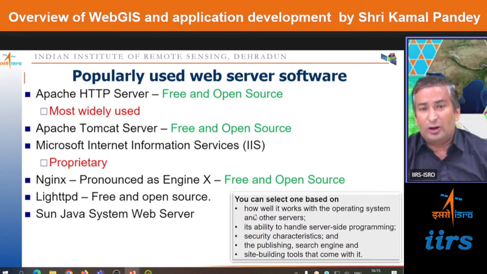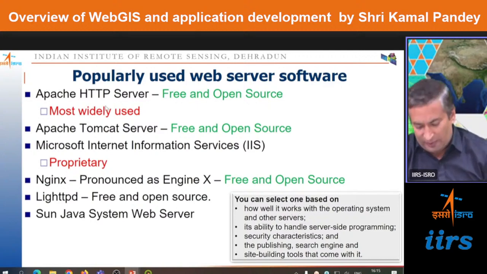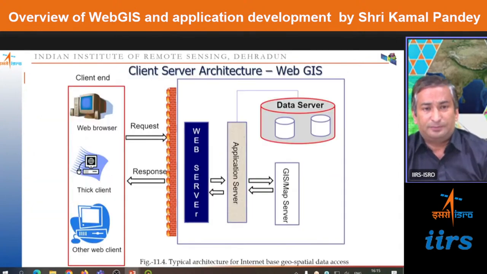That also decides which one you have to select. Then security characteristics, how much security you want in your web server, and the publishing, search engine, and site building tools that sometimes come with it. So these are some of the criteria which decide which web server you want to deploy for your application.